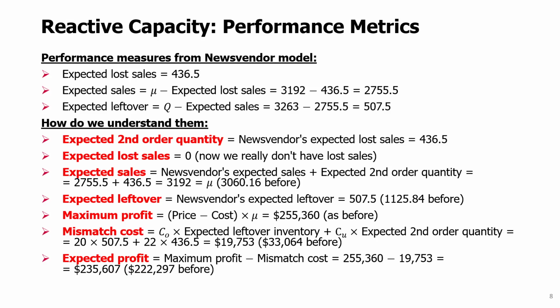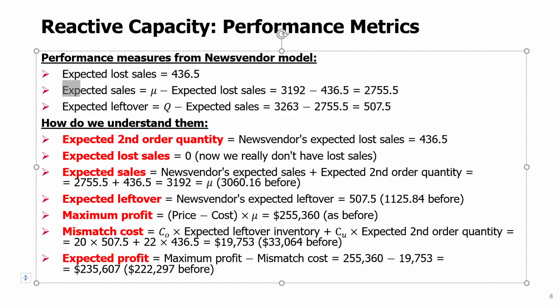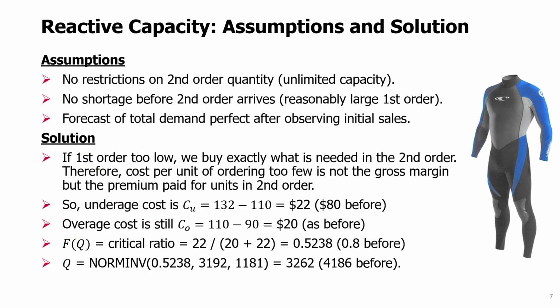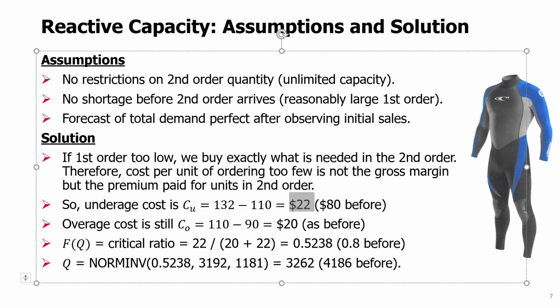So if we now evaluate the three performance metrics from the newsvendor model, expected lost sales, expected sales, and expected leftover, assuming the order quantity Q, which now means the first order quantity, and remember we are assuming that the underage cost is now $22, right?